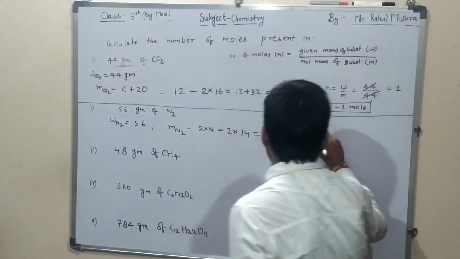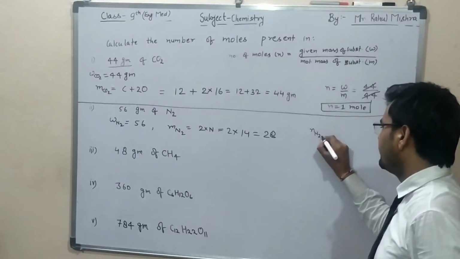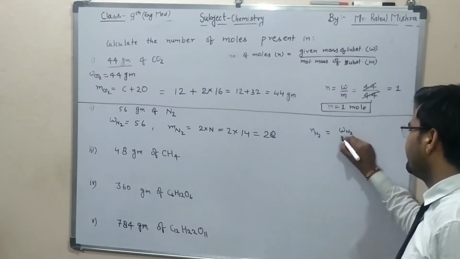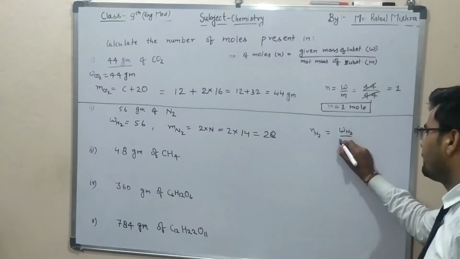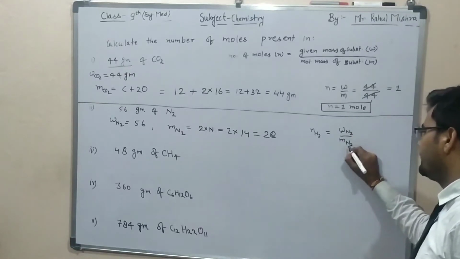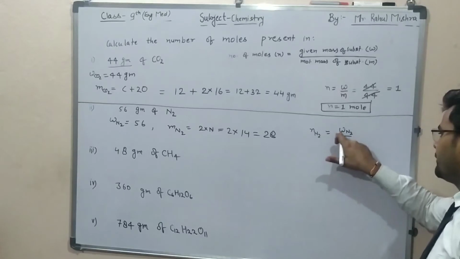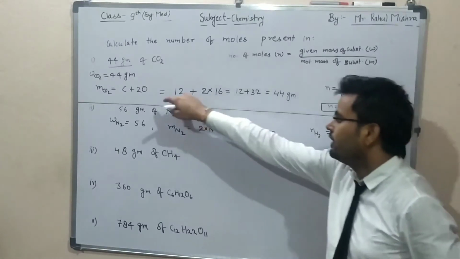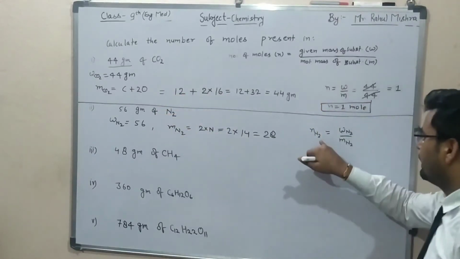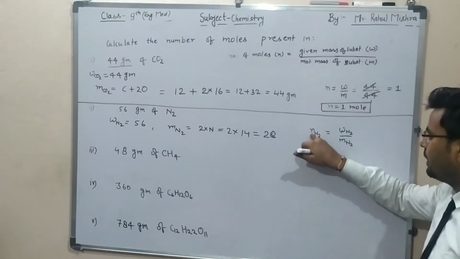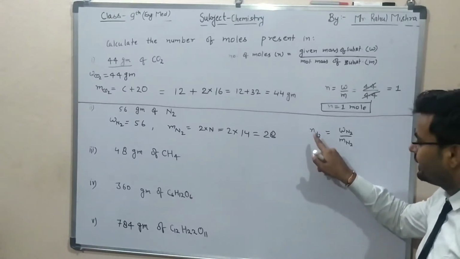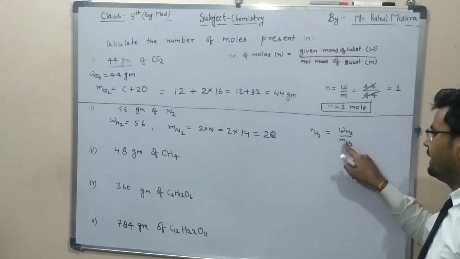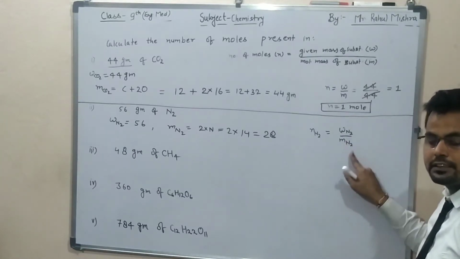So number of moles of nitrogen is equal to given mass of nitrogen, W of N2, upon molecular mass of nitrogen. N is equal to W by M. We are talking about nitrogen: N of N2 means number of moles of nitrogen, W of N2 means given mass of nitrogen, M of N2 means molecular mass of nitrogen.